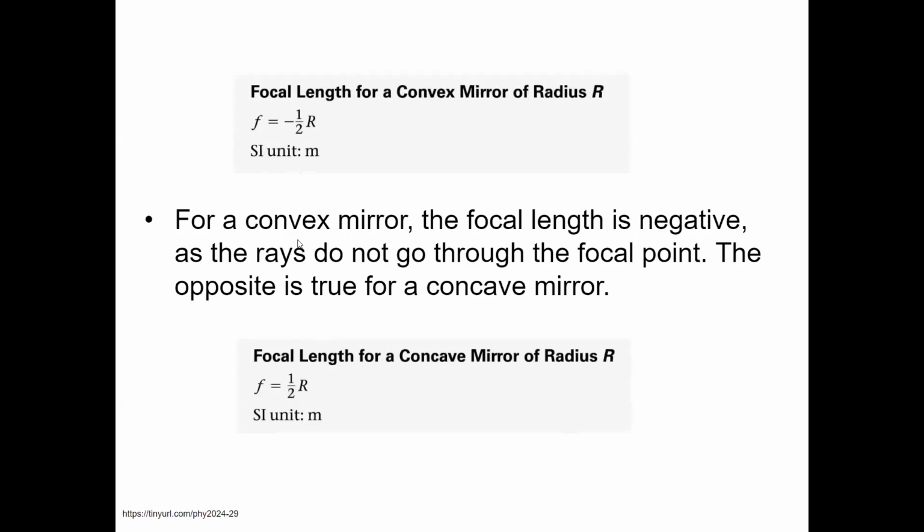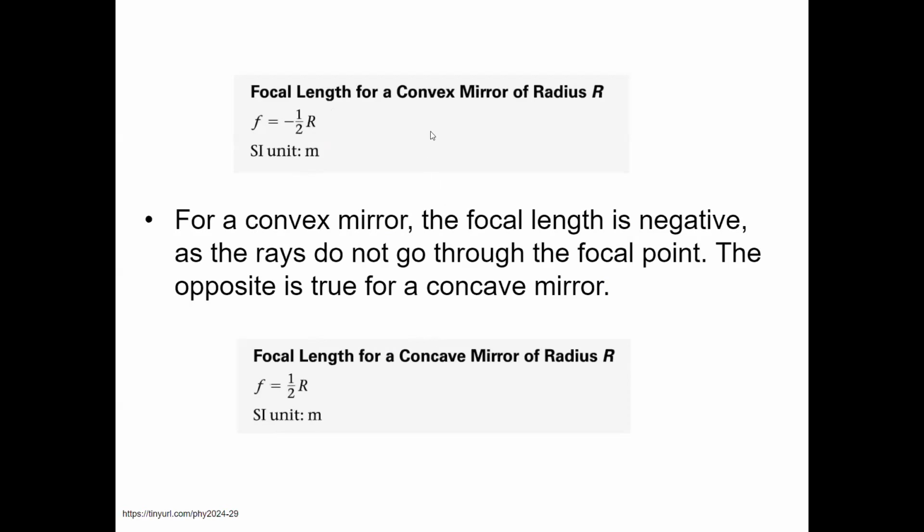If the mirror can converge the rays, then you have a positive focal length. If it diverges the parallel rays, then it's negative.